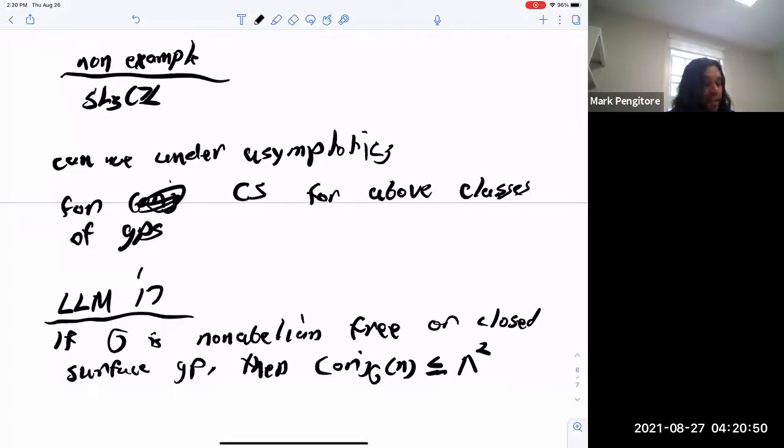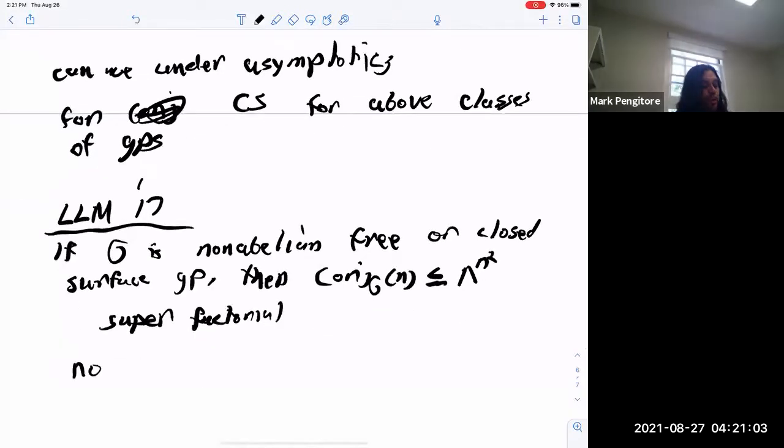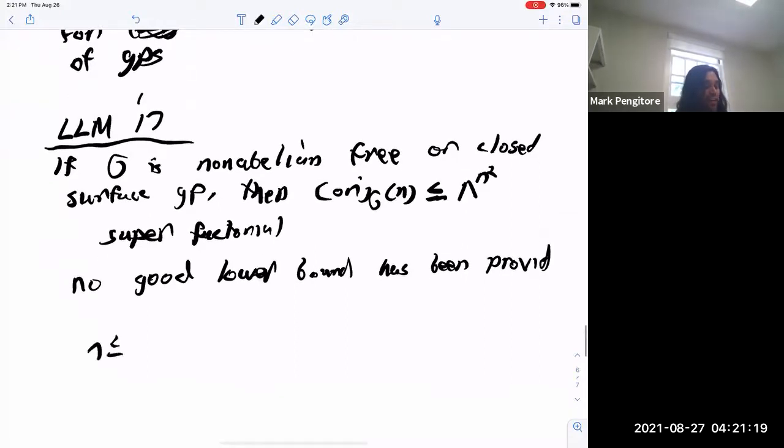So this is n to the n squared. So this is super factorial. And then no good lower bound has been provided. The best lower bound I can think of right now is linear. So what we got is n is less than conj of G, which is less than n to the n squared. So basically, we have no idea how this function behaves at all.